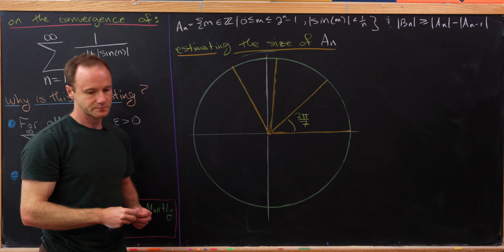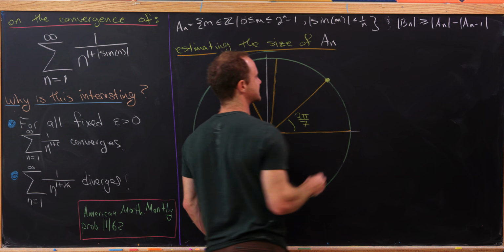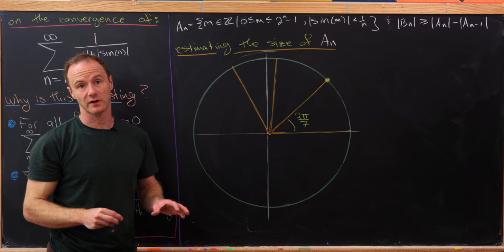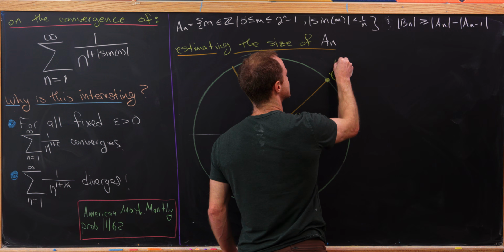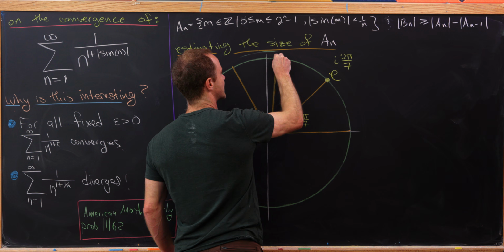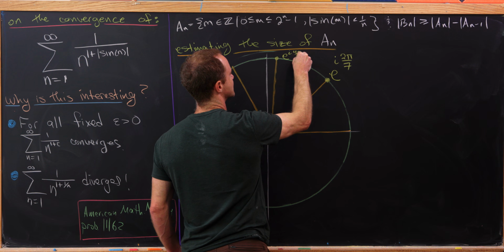Okay, nice. But then we can go over here and we know exactly what this point is in the complex plane because the complex exponential parameterizes the unit circle so nicely. And this is the point e to the i times 2 pi over 7n, whereas this over here would be e to the i times 4 pi over 7n.